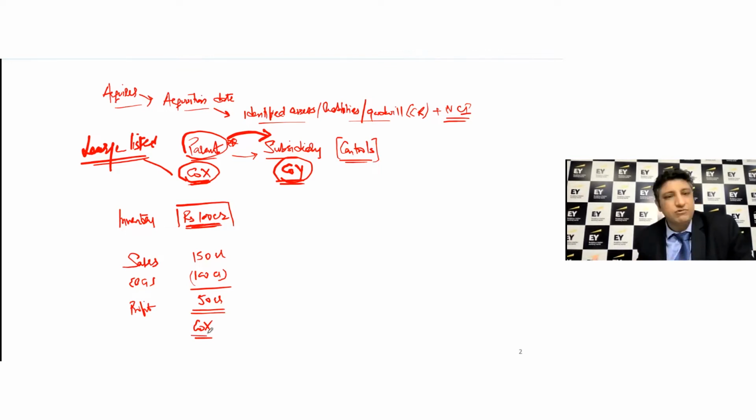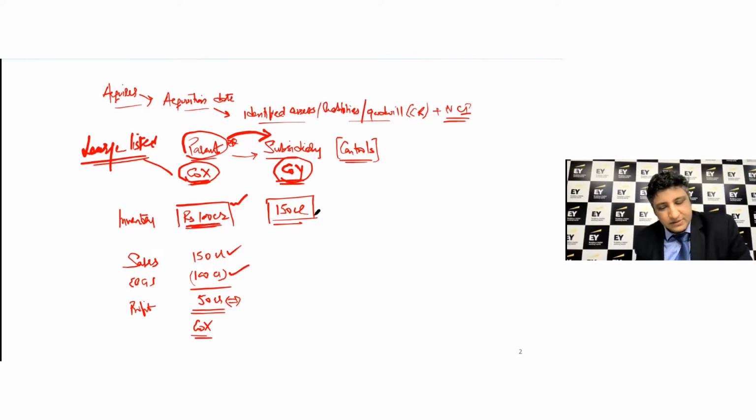There's nothing wrong in this accounting, right? You had some goods, you sold those, so there's a cost recognized, there's obviously a sale also recognized, and the difference between the two becomes your profit. Okay. And now, since company Y has purchased those goods, that now stands in the books of company Y as inventory worth 150 crores.